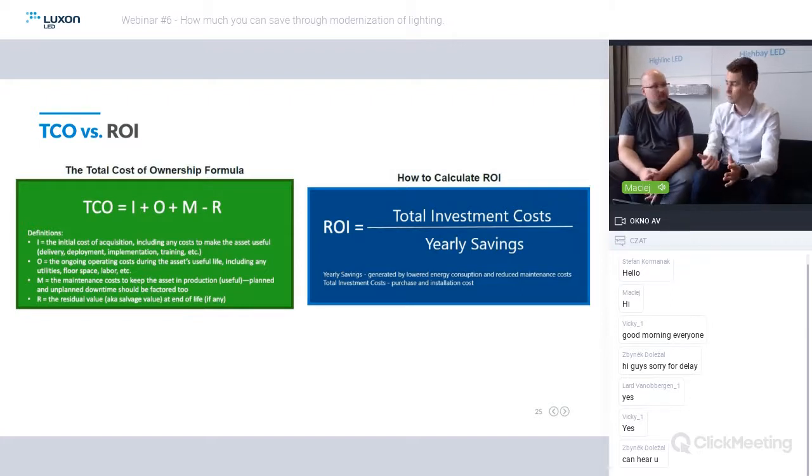We go back to the calculation and talk to them about what they gained in productivity, failures, accidents, and so on. Then the client is aware how much the light really affected their facilities, their work, the productivity of the entire floor. So this is really important.